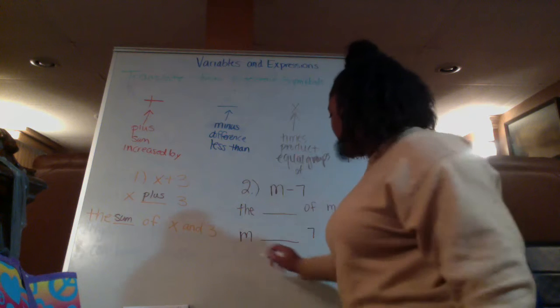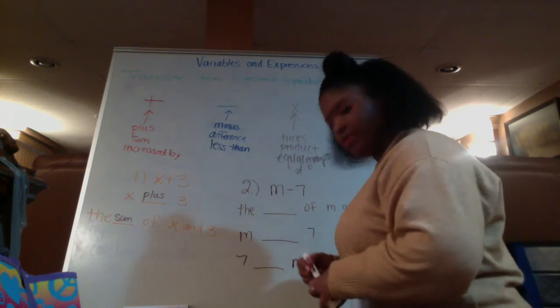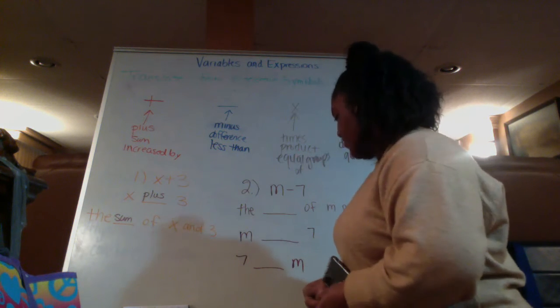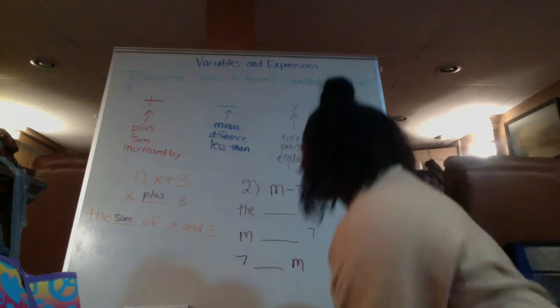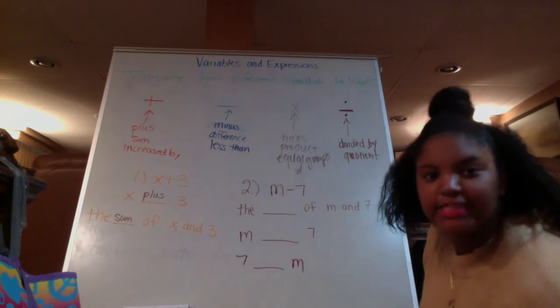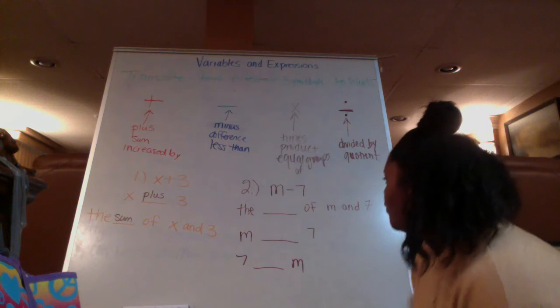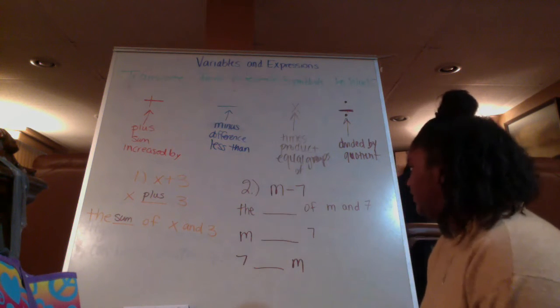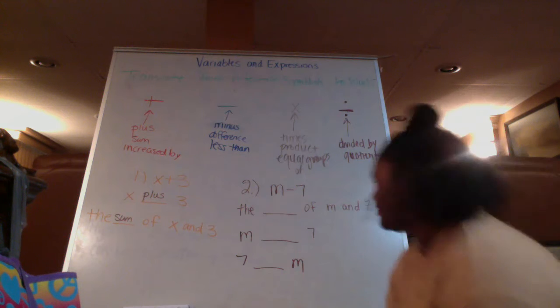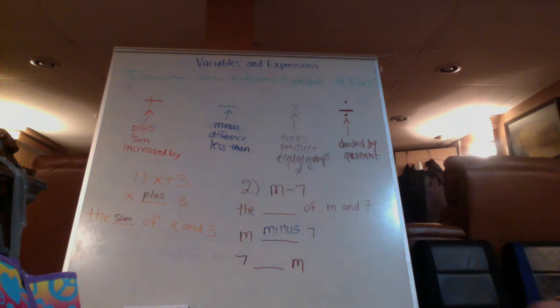We can also say 7 blank m. Okay? So I think the middle one is the easiest because it's basically read how it's said. So this is m minus 7. And that's normal. That's how we'd read that. So that one's minus.